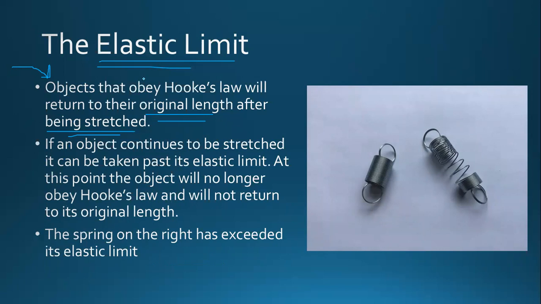Now what is the elastic limit? We saw here that if an object continues to be stretched, if you keep applying force and keep increasing the force, it can be taken past its elastic limit.